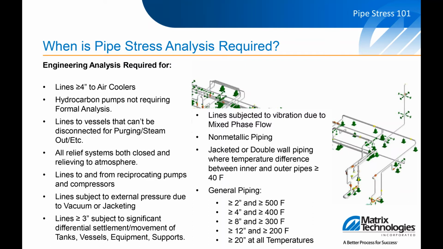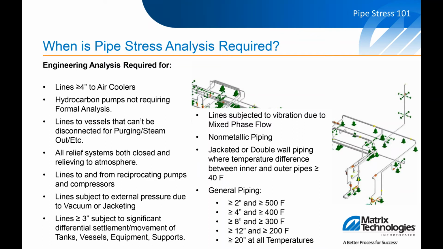Hydrocarbon pumps not requiring formal analysis. Lines that can't be disconnected from steam out or purge cleaning. Relief systems, closed and relieving to atmosphere both. Lines to and from reciprocating pumps. External pressure due to vacuum or jacketing.